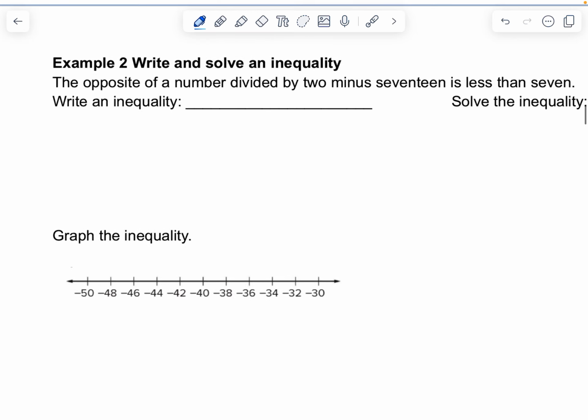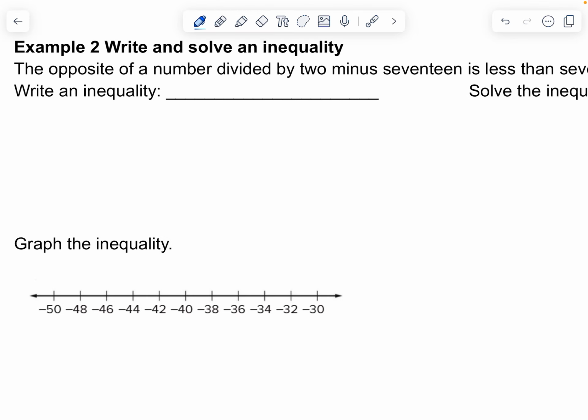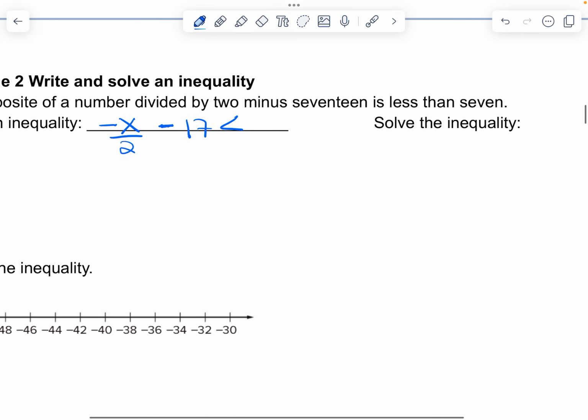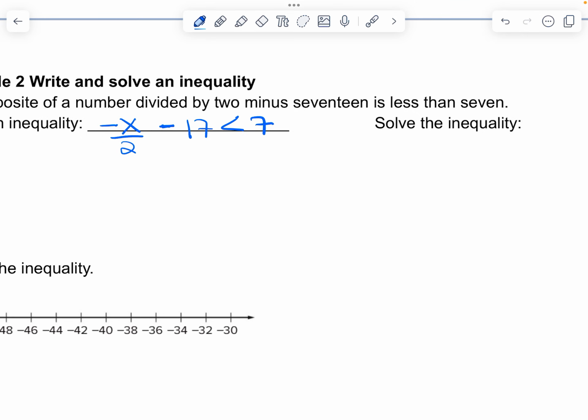Then this one says the opposite of a number, negative x, divided by 2 minus 17 is less than 7. So if I add 17 to both sides, negative x over 2 is less than 24.